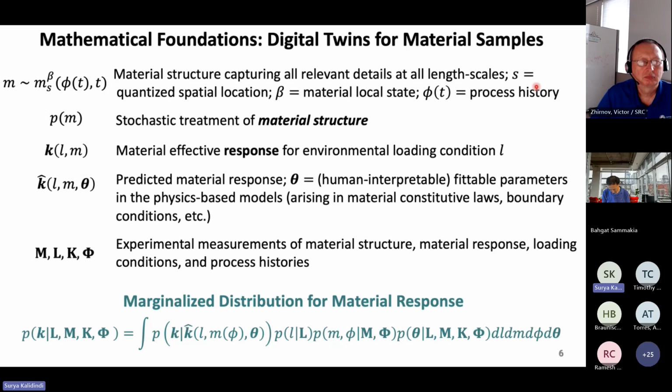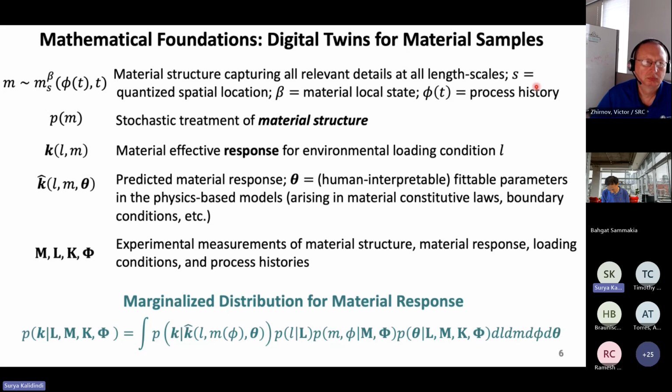So if you want to know the property of interest, in the stochastic world, you cannot deterministically tell what that property value is. All we can tell you is a distribution, and that distribution accounts for all kinds of uncertainty. The uncertainty comes from knowing the material itself, because the material structure is controlled by the processing history.